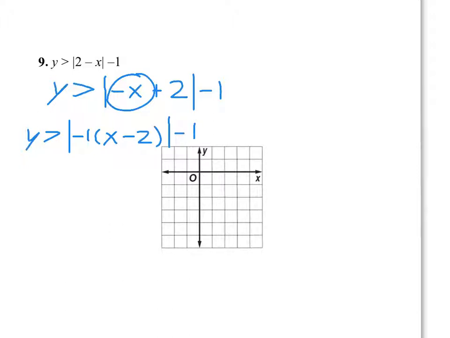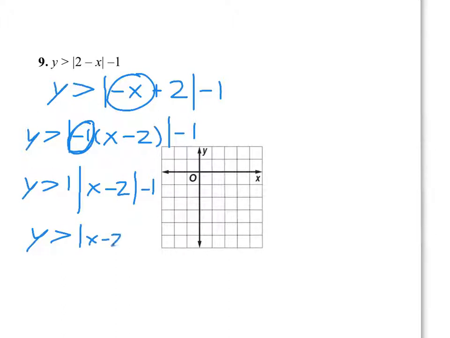All right, now this negative 1, I can take the absolute value of that. The absolute value of negative 1 is positive 1. So imagine a positive 1 gets removed outside. And we don't really need the 1 in the front, so it's absolute value of x minus 2 minus 1.